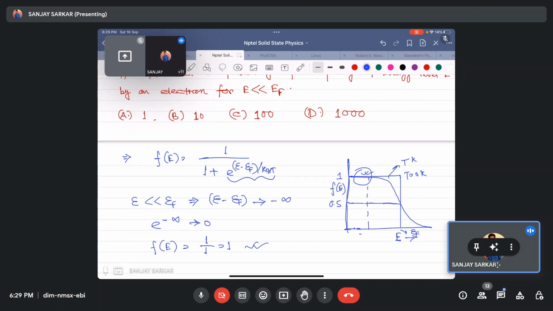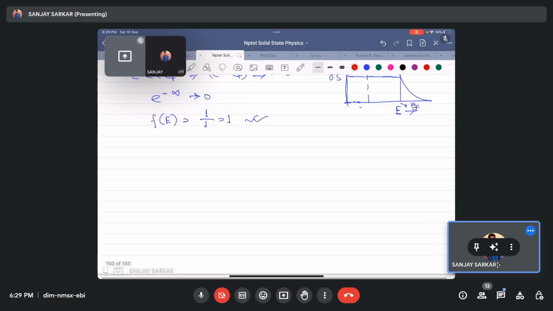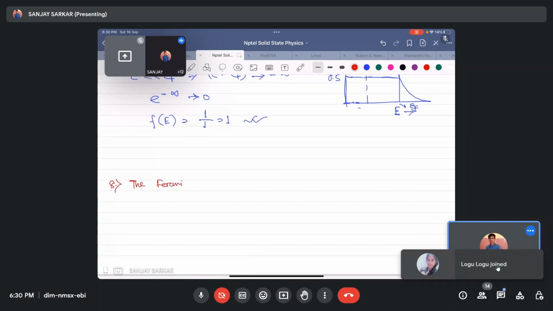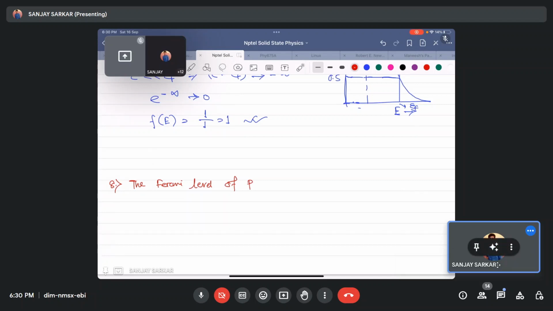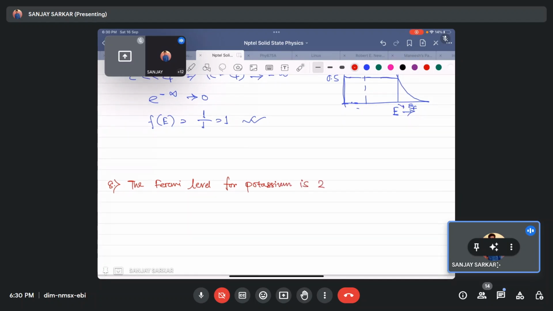Now the second question is the Fermi level of potassium. This is our 8th question, a small problem. The Fermi level for potassium is 2.4 electron volt.